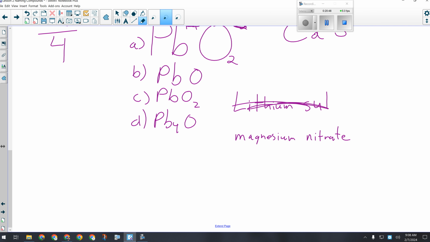Okay, so obviously this one's also ionic. Magnesium is a metal. I'll give you a minute to try it here, and then we'll go through it.